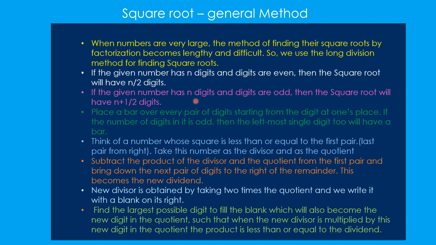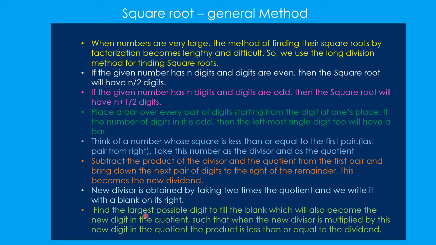Next, we subtract the product of the divisor and the quotient from the first pair and bring down the next pair of digits to the right of the remainder. This becomes the new dividend. Next, the new divisor is obtained by taking 2 times the quotient and we write it with a blank on its right.